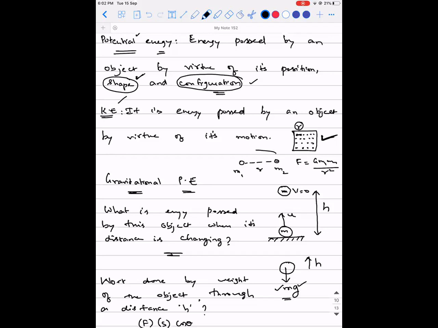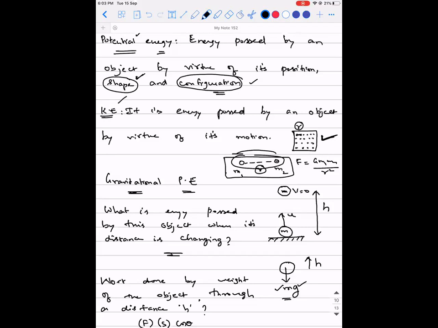In this, you would not have learned one point: that this system also has potential energy associated with it. And the potential energy is happening because of the configuration, because here you cannot talk about shape. The two masses are separated. The configuration means the way you have arranged them, in such a way that m1 and m2 are present in space separated by distance r.